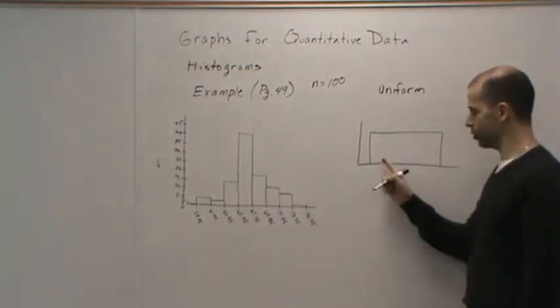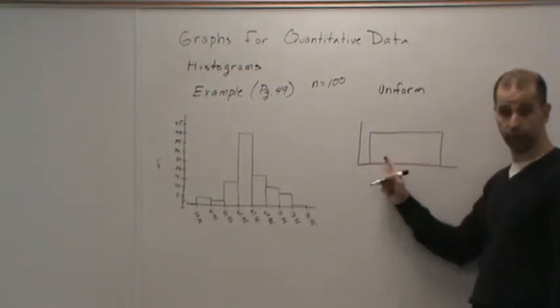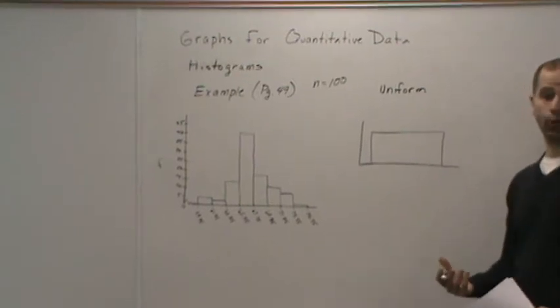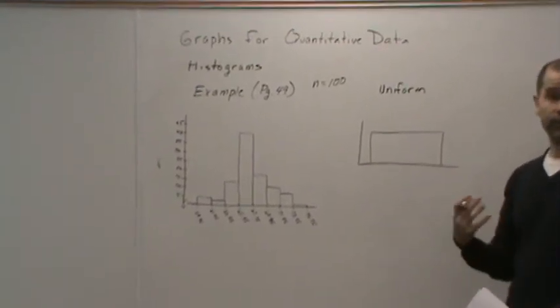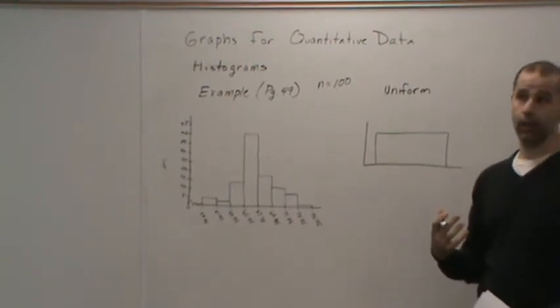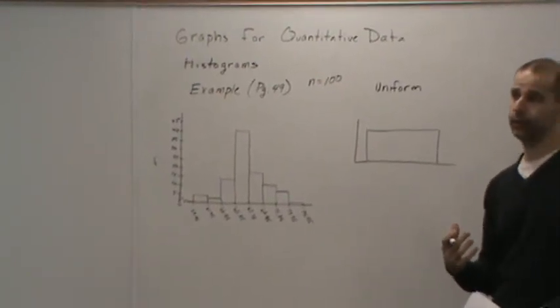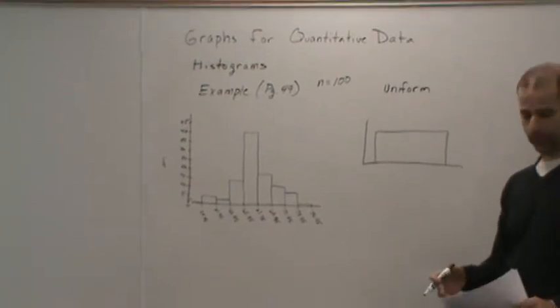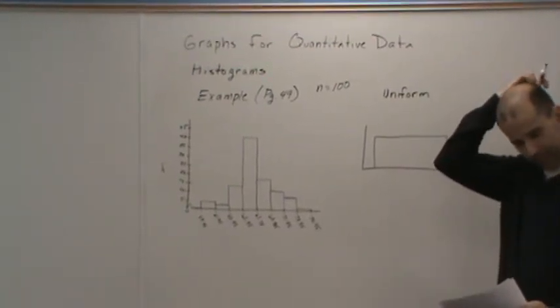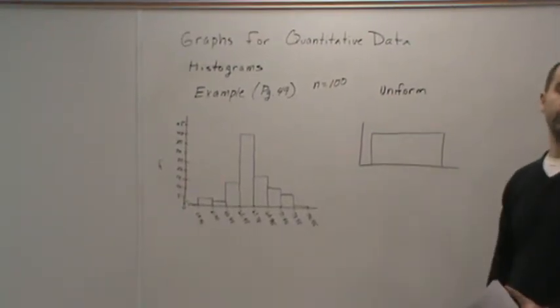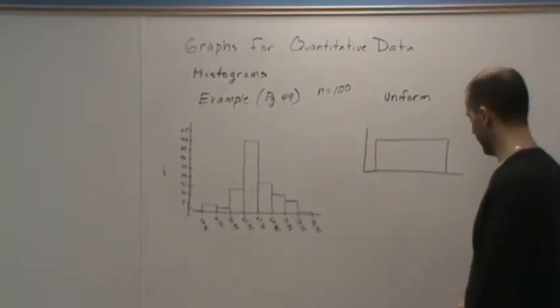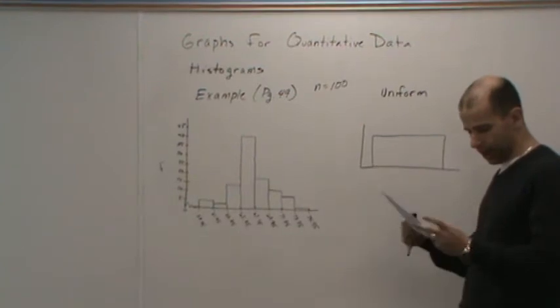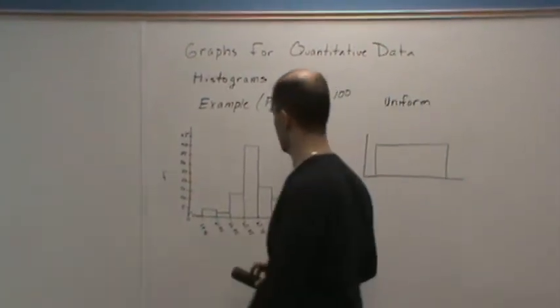A histogram that looks like this, or close to it, is what we call a uniform distribution. Again, those are the four different ways you could describe the shape of a distribution. So that covers histograms.